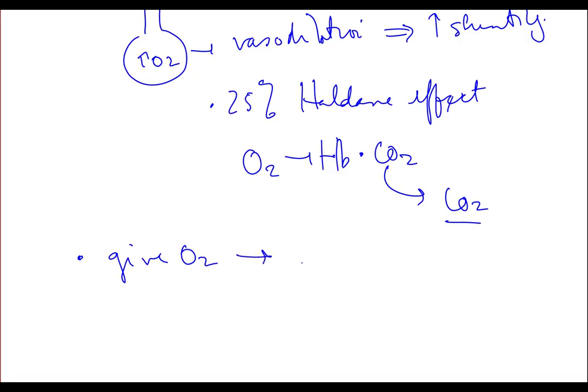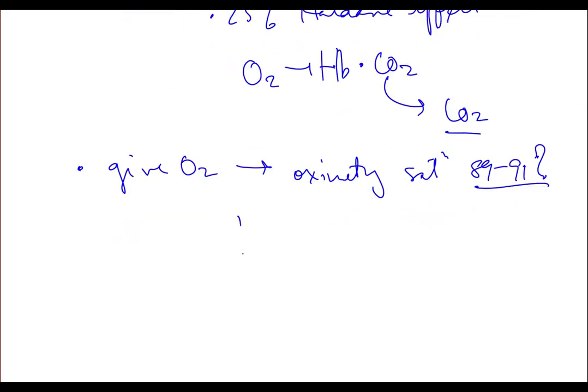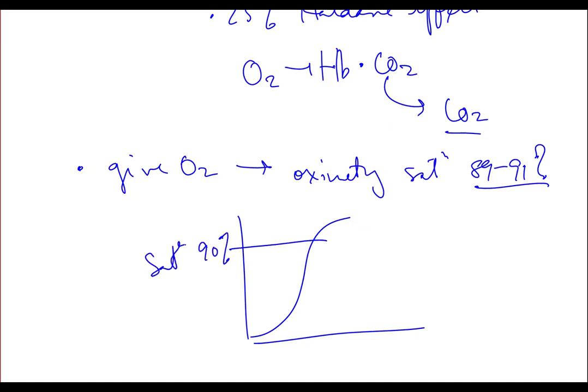So you give the oxygen, but you use your pulse oximetry to keep the saturation somewhere between 89 to 91%, because that's right at the proper place on our oxygen binding curve. There's our 90% saturation, and that corresponds to about 60 millimeters of mercury O2, which is about where we want to be while minimizing the hypercapnia.